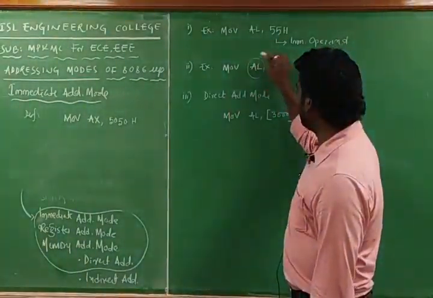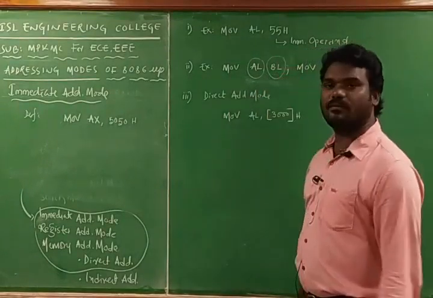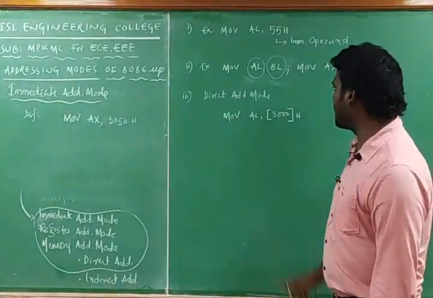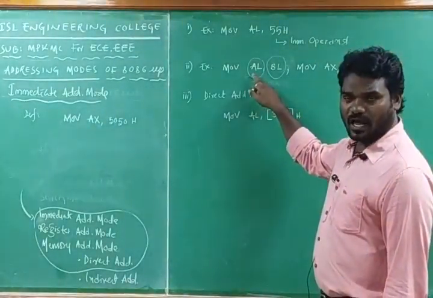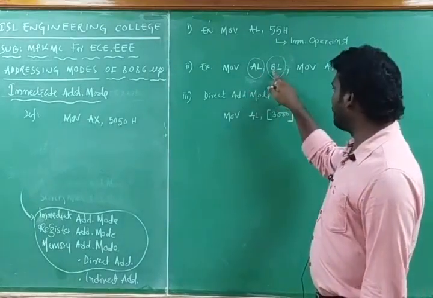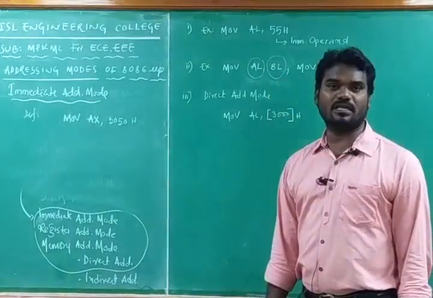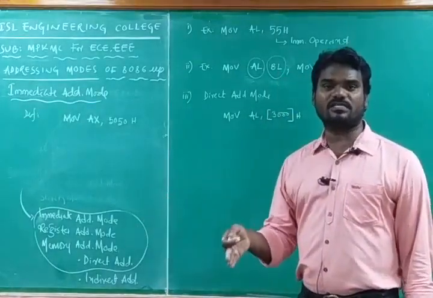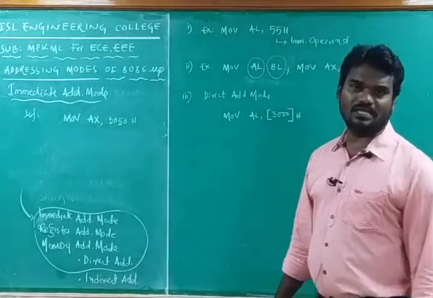AL is the destination register, the destination operand, and BL is the source operand. AL is the accumulator register, lower byte, and BL is the base register, also lower byte. Lower byte is B0 to B7 and higher byte is B8 to B15.